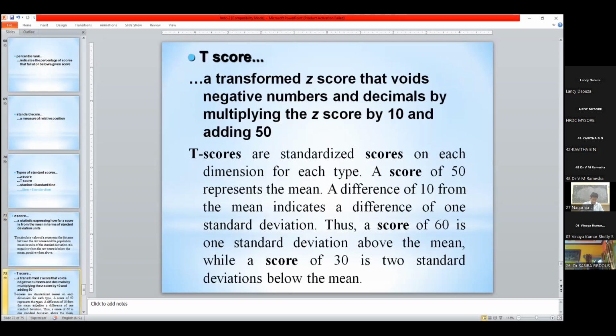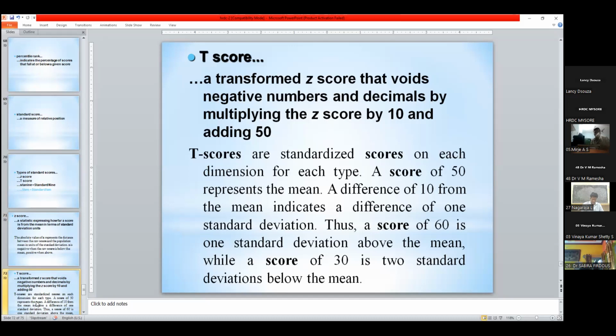Then you have a T score. A T score is nothing but a transformed Z score, because sometimes Z scores may be a little confusing, as negative scores also come up. A transformed Z score avoids negative numbers and decimals by multiplying the Z score by 10 and adding 50.